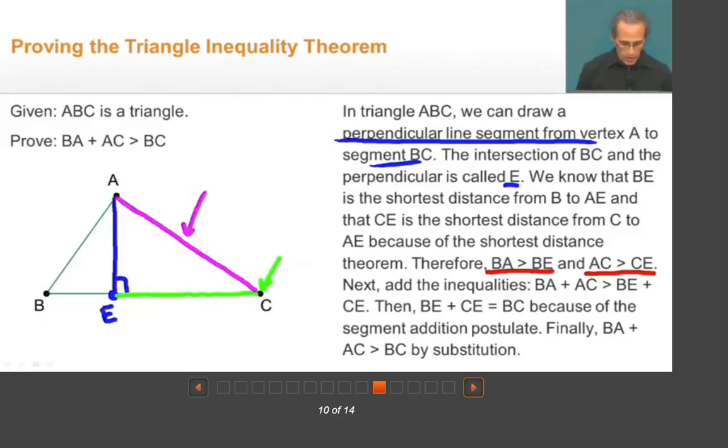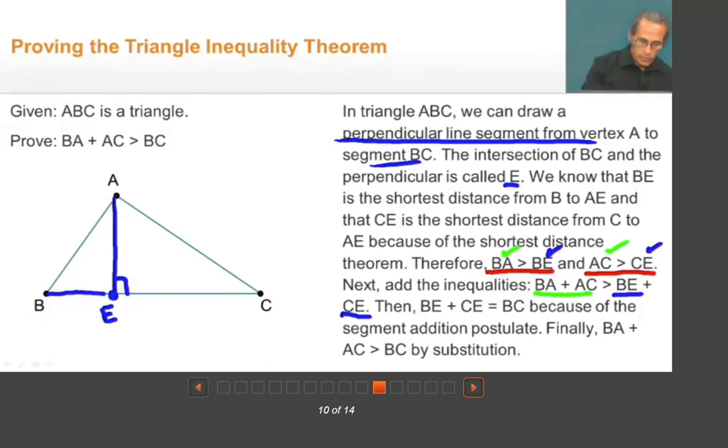Now, all I really want to do is simply add the inequalities. If I add the inequalities, then BA plus AC is going to be greater than BE plus CE. Well, let's look at BE plus CE for a second. Here is BE, here is CE.